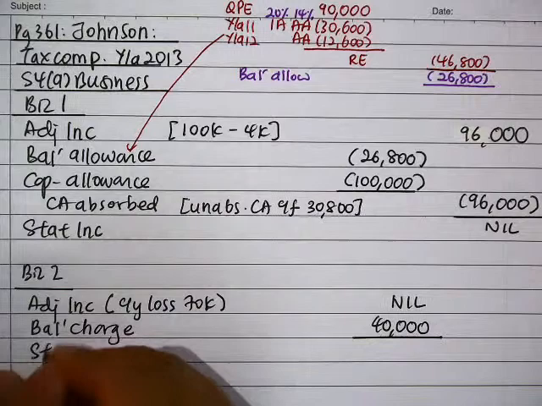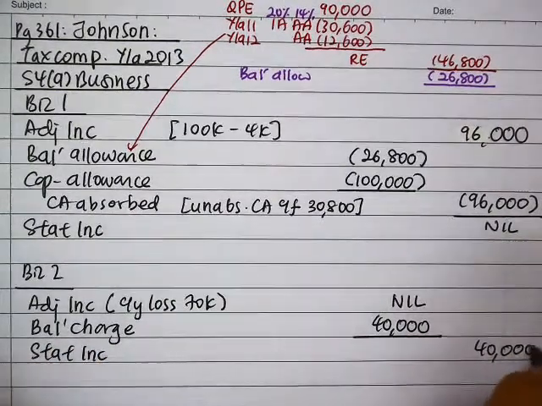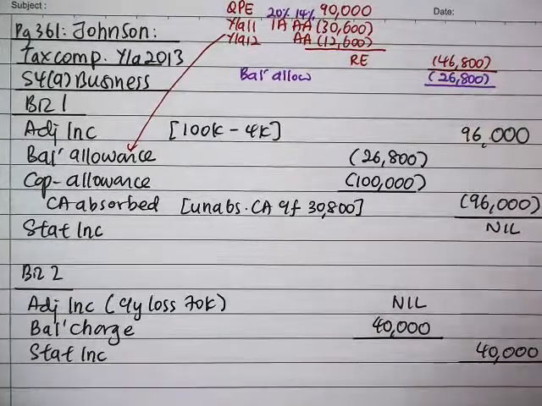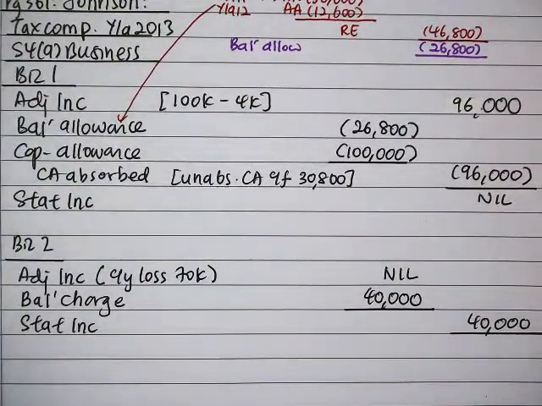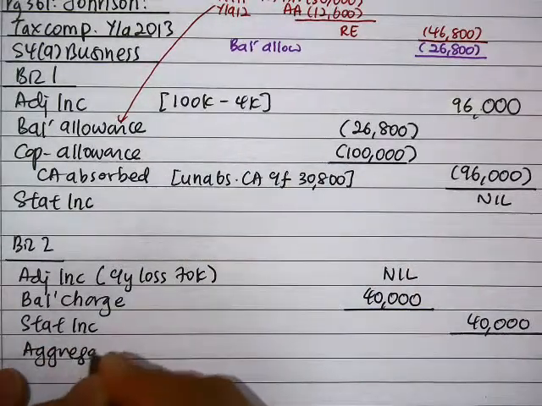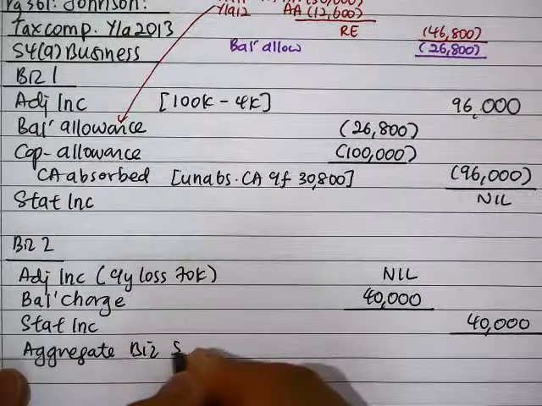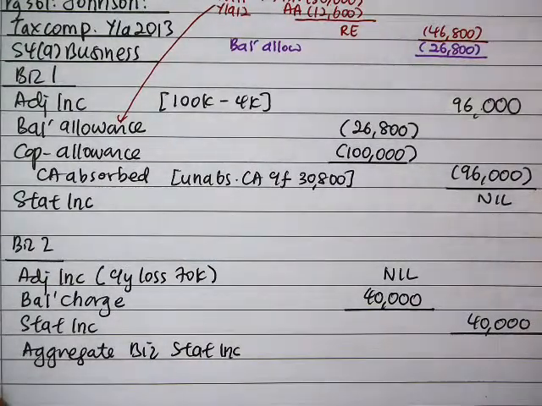But that still would give us a statutory income of 40,000. And with the two businesses, you combine the SI, that's the aggregate business SI. So that's the arrangement, that's the format.